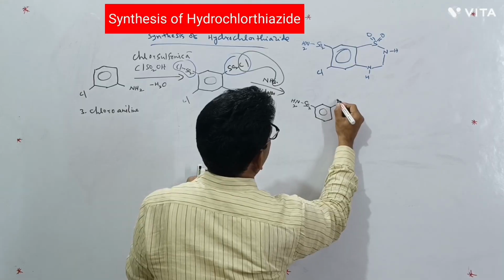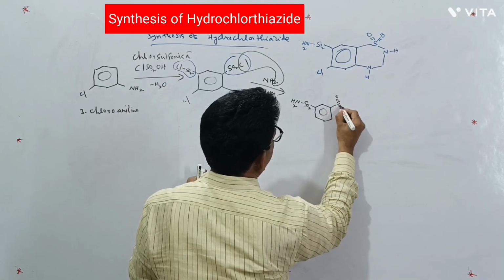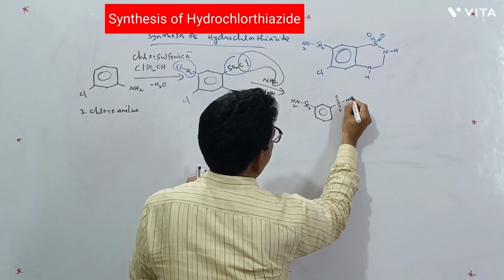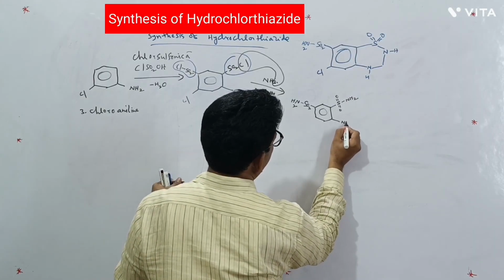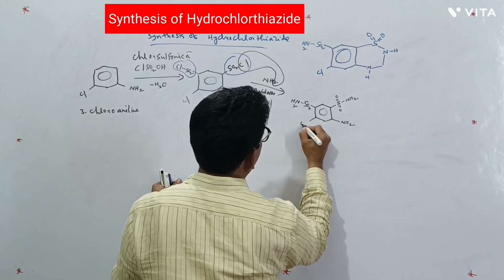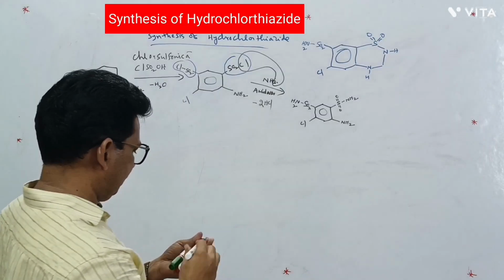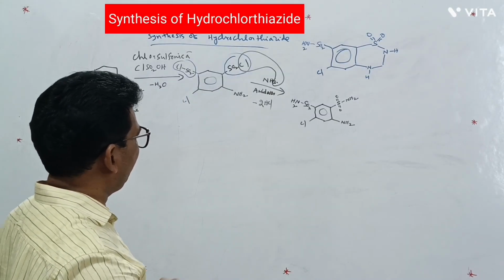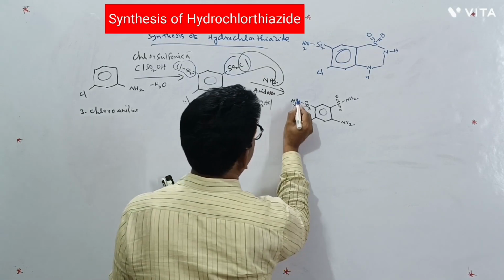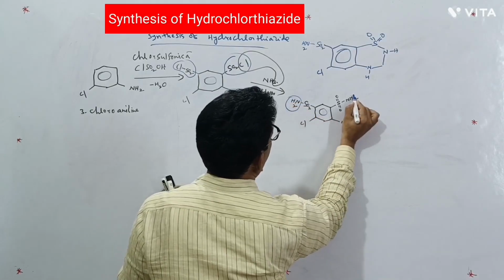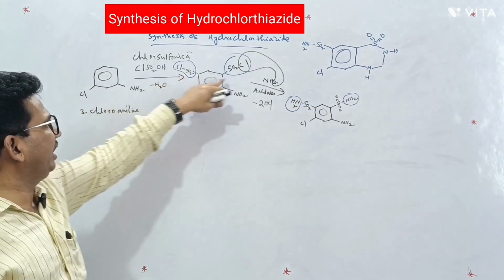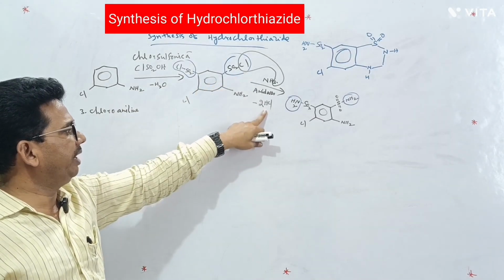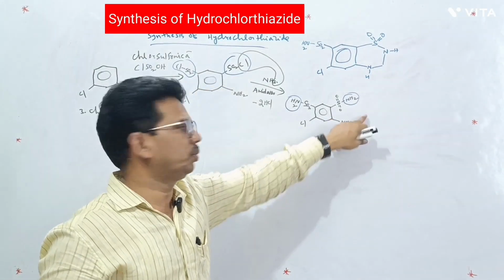Here also SO2, I can write like this, SO2NH2. Here the amine group remains, here the chlorine group. Just see what new thing we got from amidation: this amine group and this amine group. These two are the new things. The sulfonyl chloride group undergoes amidation to produce the amino group.